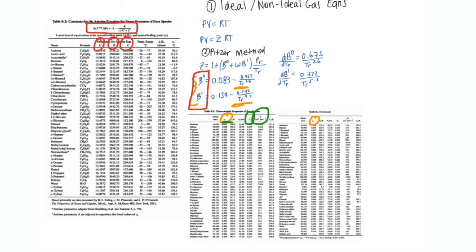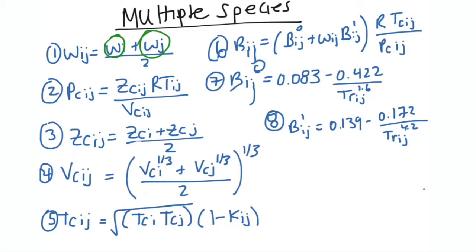Okay? Constant. Number 2, pressure critical of I and J. Z critical, that's from your table. That's a constant. V critical, that is a constant, okay? So now you're going to say, okay, how do I get Z critical of I and J? Z critical of I is in the table and Z critical of J is in the table.